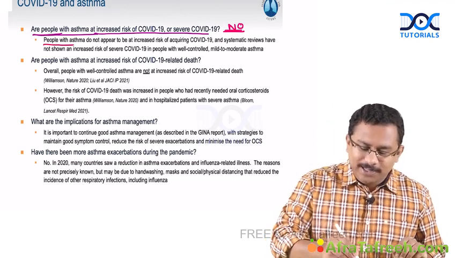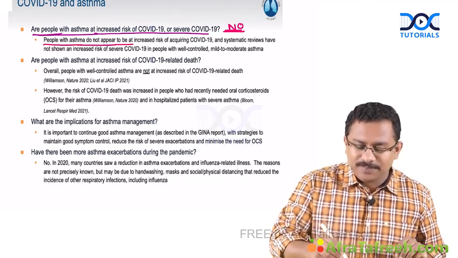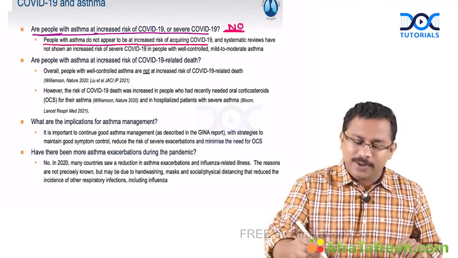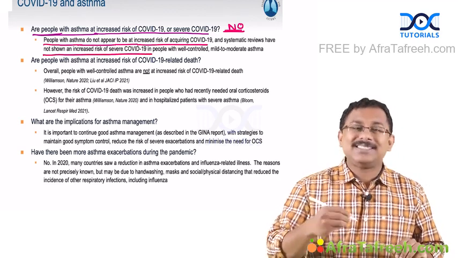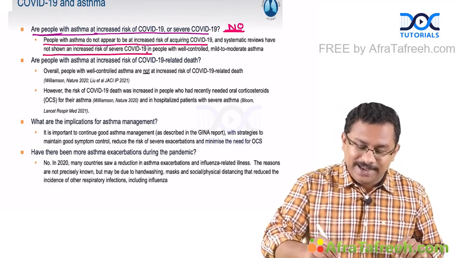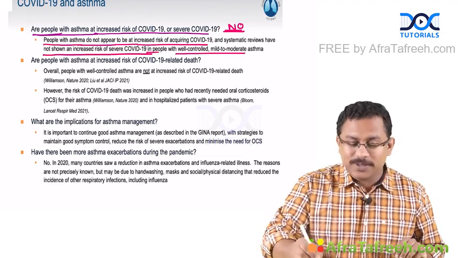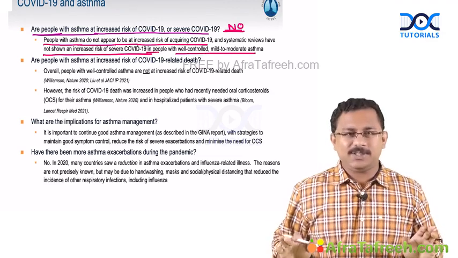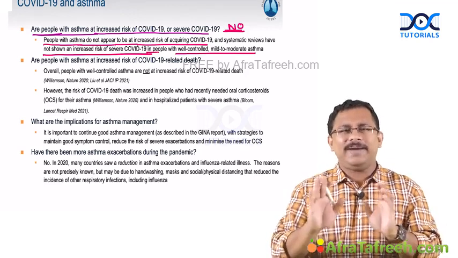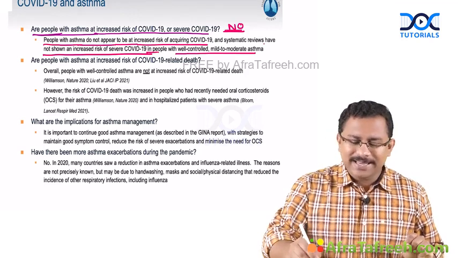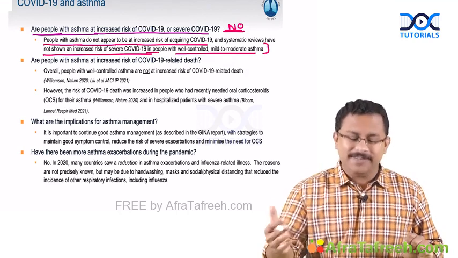It was shown that patients with asthma do not appear to be at increased risk of acquiring COVID-19, and also they are not at risk of severe COVID-19, in patients with well controlled mild to moderate asthma. Severe asthma, we'll just come to that, but otherwise with well controlled mild to moderate asthma, there is no such increased severity.